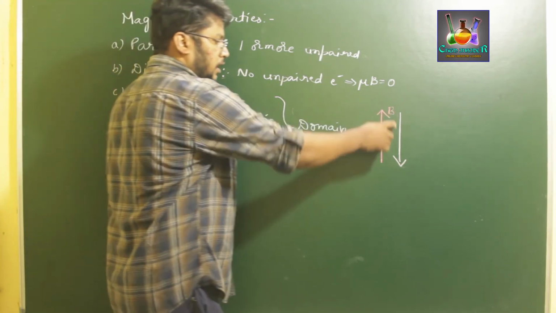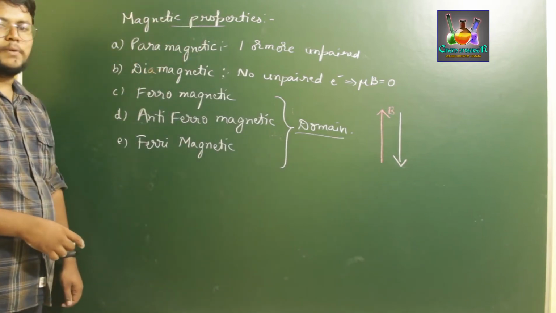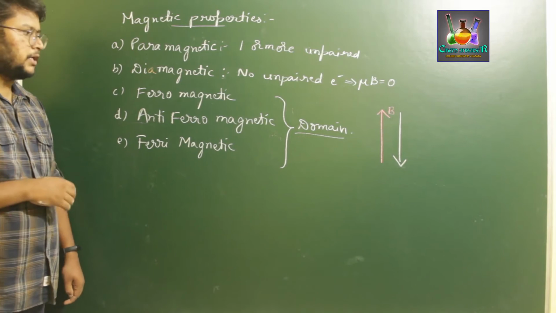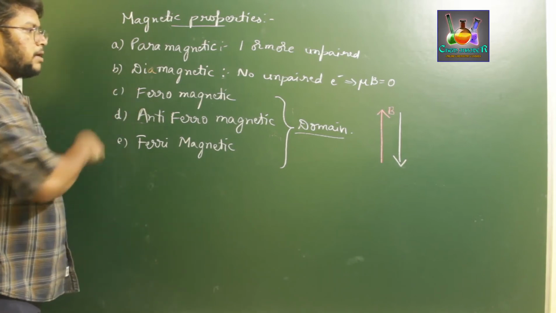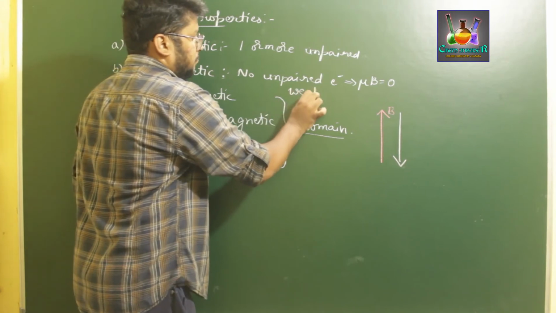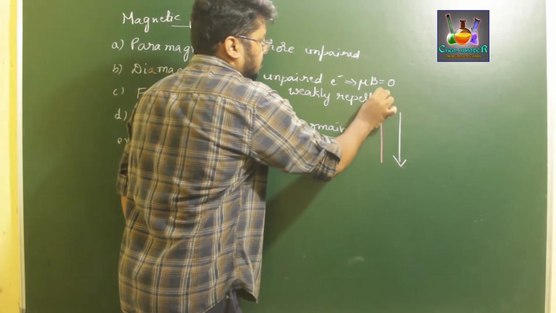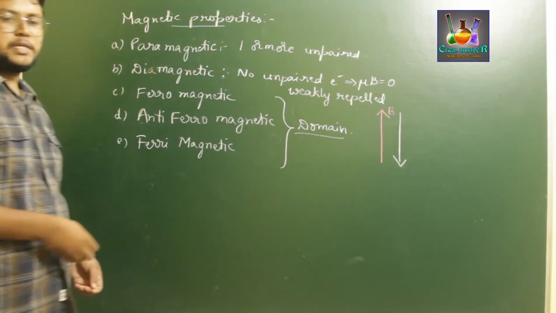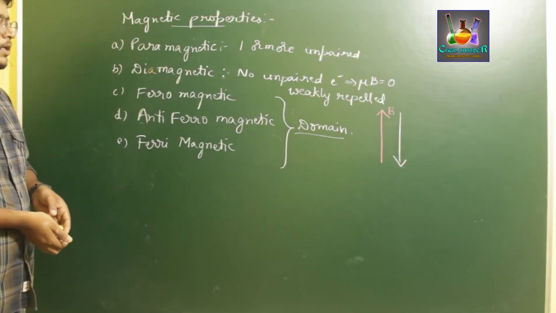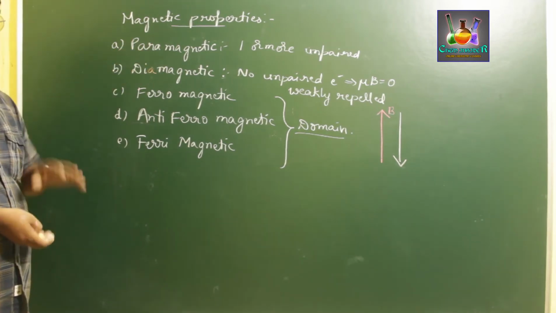Therefore, they align themselves oppositely with respect to the direction of the applied magnetic field, so diamagnetic substances are said to be weakly repelled, when compared to paramagnetic substances.